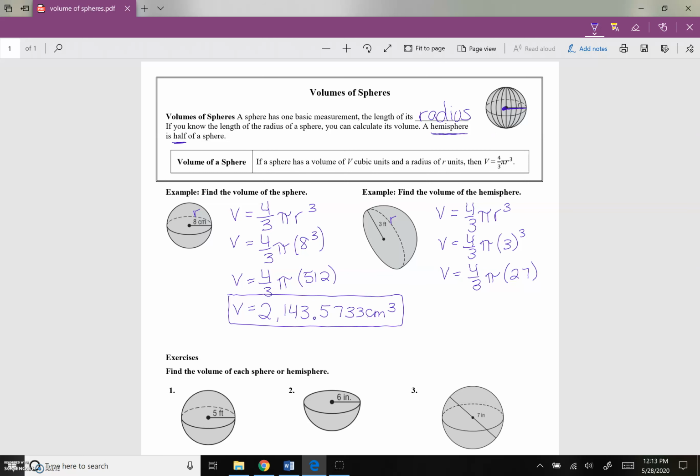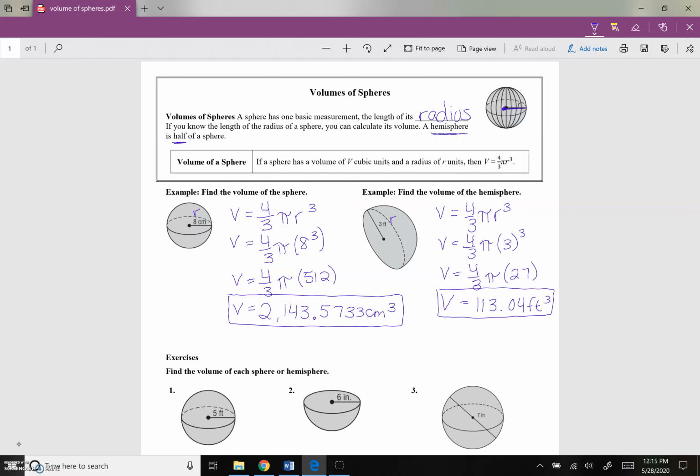And now you can plug this into your calculator again. We'll do 4/3 times 3.14 and then times 27. And when I plug this all into my calculator like that, I get 113.04. And our unit was feet, and we're cubing them, so it would be feet cubed.